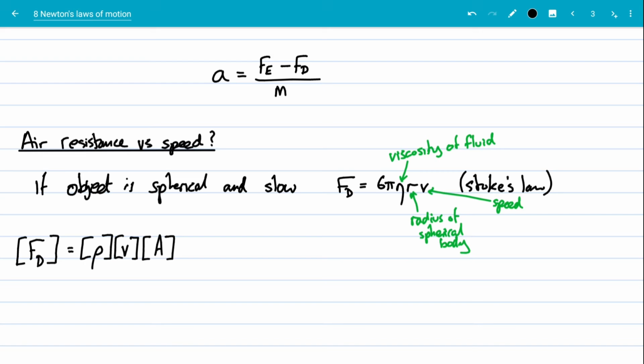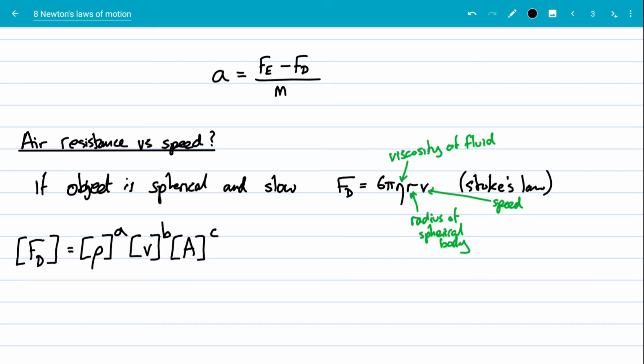I've used square brackets to indicate we're interested in dimensions here. So we think it's related to those dimensions, but we don't know what these powers have to be.